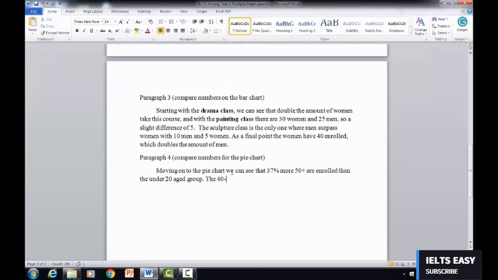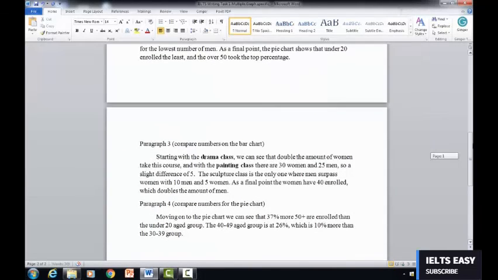The 40 to 49 aged group is at 26%, which is 10% more than the 30 to 39 group. Okay?